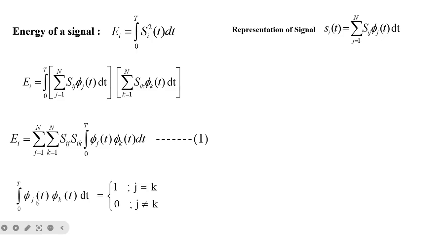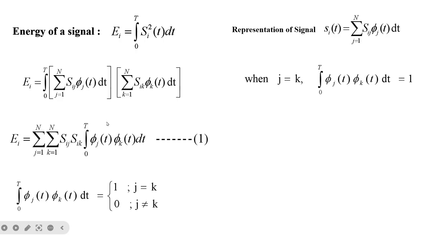Now we know that integration from 0 to capital T phi j of t into phi k of t dt is 1 when j is equal to k, and it will be 0 when j is not equal to k. So when j is equal to k in equation 1, we are getting the value of this integral as 1.